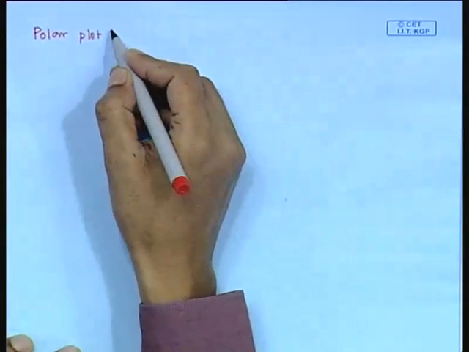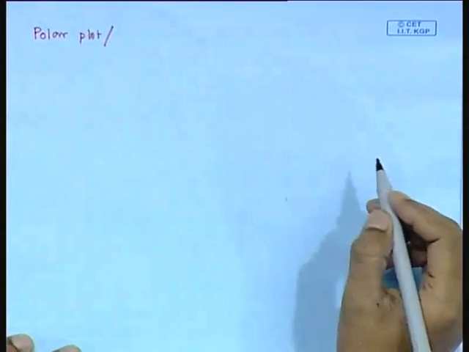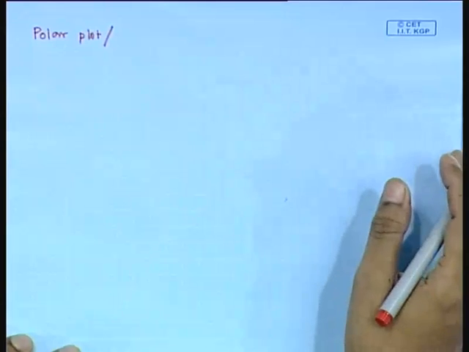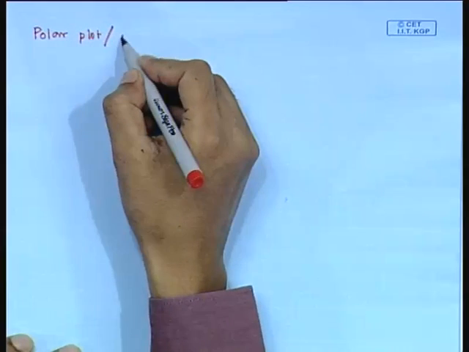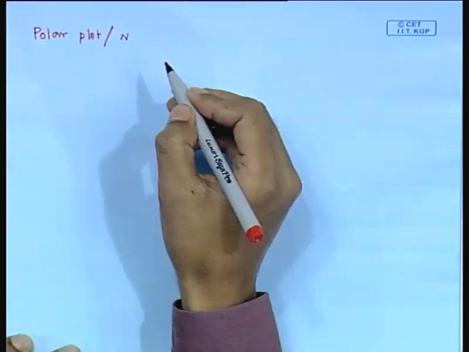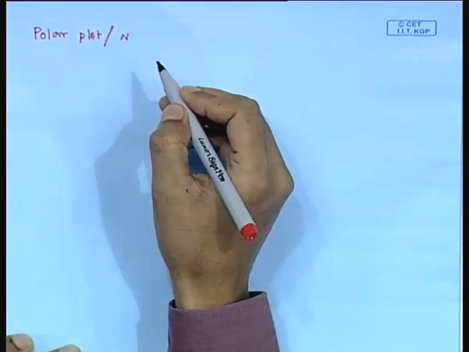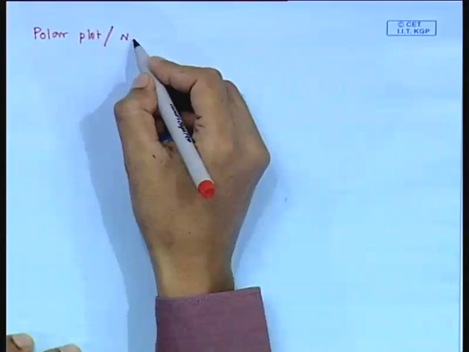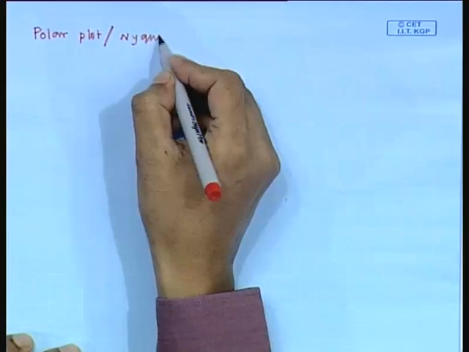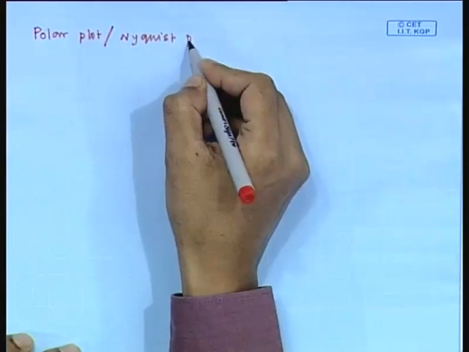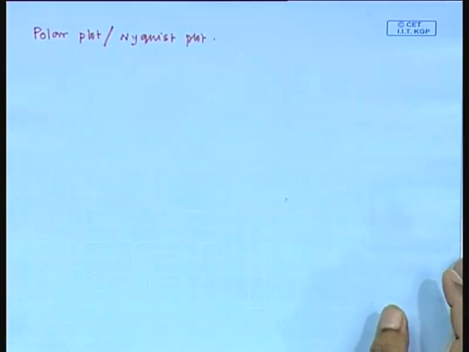This plot is also called Nyquist plot because this plot is used for the stability analysis using Nyquist criteria. So, the polar plot is also called Nyquist plot.